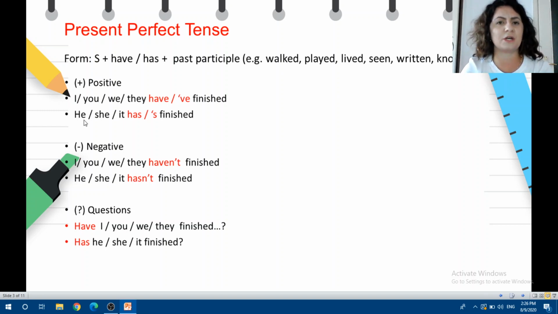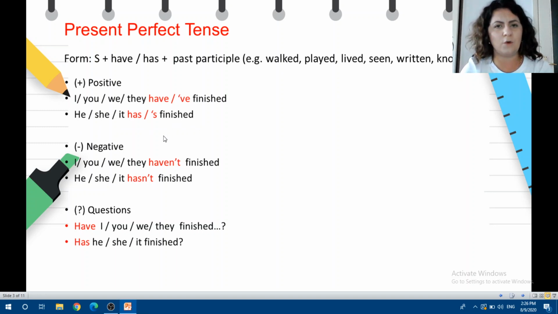And for the third person singular, we use the form has, like in this example. He, she, it has finished. Or the short form, he's finished.